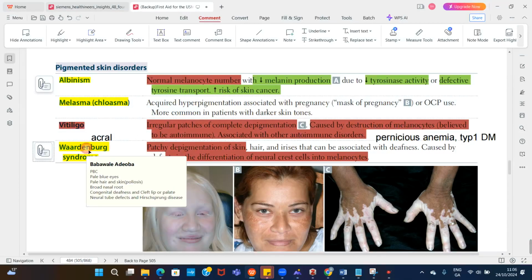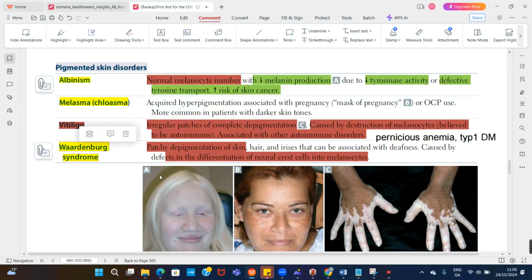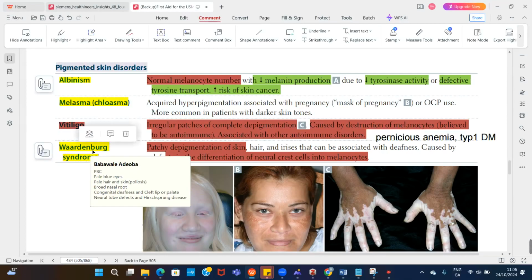is the P for the pale hair. So let me show you. The pale hair and skin, that is poliosis. You know that if the hair is pale, pigment too cannot form in the iris, so the iris will be blue. Then the B also talks about the blue eyes, in case you don't remember it from the pale.